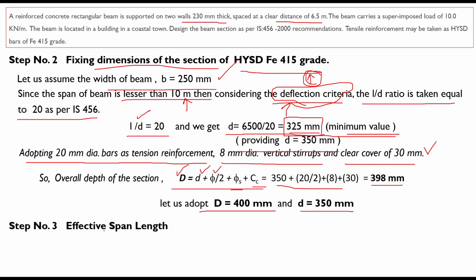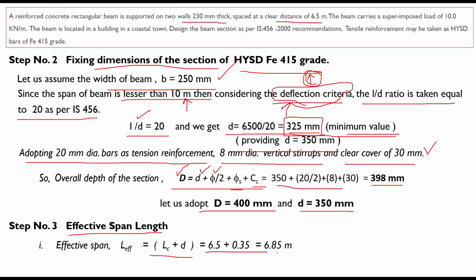Now step number 3. This is also very important. In one of the previous lectures I discussed why we do the effective span calculation. Based on the recommendation available in the code, when the beam is simply supported, there are two types of conditions. The very first condition is that effective span we can calculate by adding effective depth to the clear span.